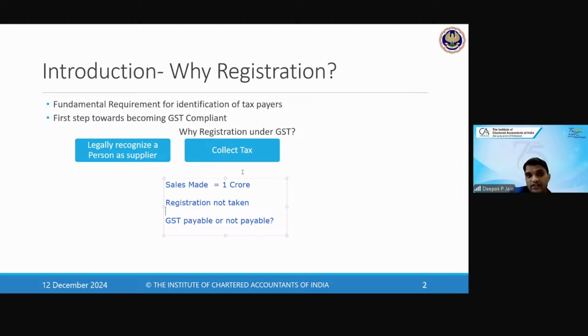If he is not registered, he will be liable to pay, but he cannot collect from his customers. Because to collect from the customer, it is like the government giving you a right, saying I am giving you a right to collect taxes on my behalf. Because ultimately, whatever taxes we collect in our sales invoices and debit notes, we will collect and pay that much to the government.